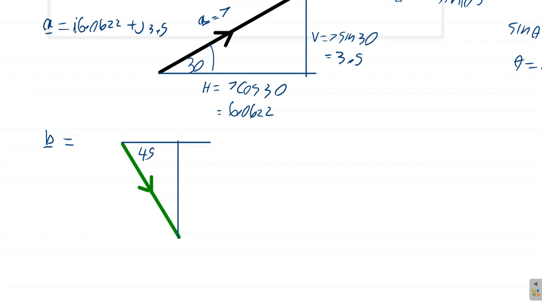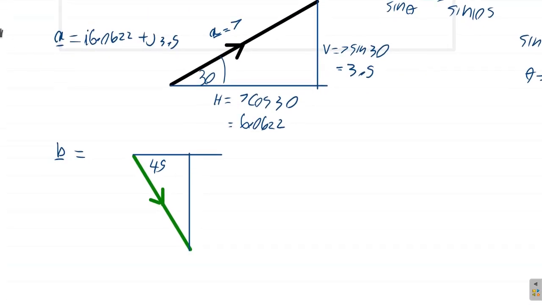And what will the magnitude be again? 4. So we want the i horizontal component and the j vertical component. Remember, this is 90 degrees, all right?